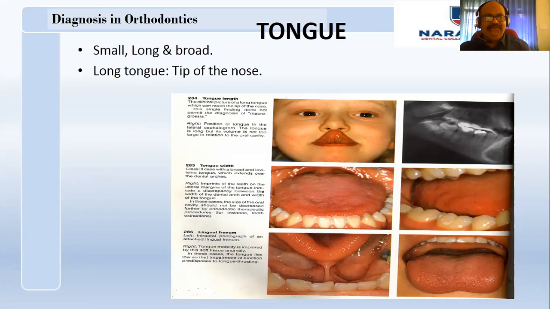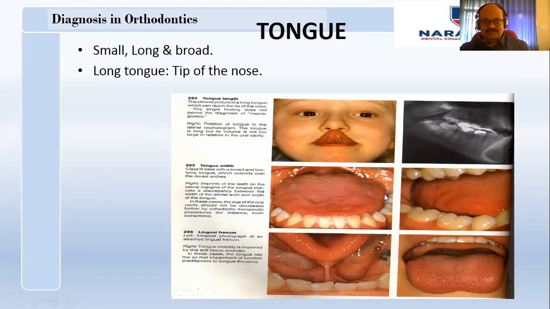Next thing is width. When the tongue lies within the trough and I stretch my tongue like this, I cannot find any indentations. Whereas if the width is more, or if there is macroglossia, you can find indentations or scalloping on the tongue. Can you find them here?